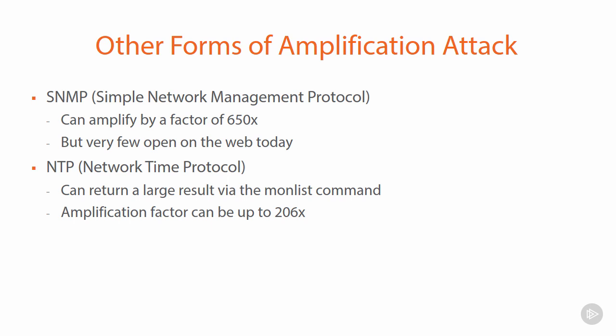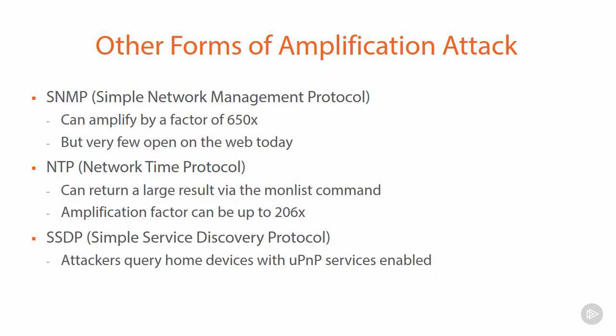Yet another form of amplification attack is using the SSDP protocol, the Simple Service Discovery Protocol. And in this case, SSDP is used for the advertisement and discovery of network services. And what we've seen in the past is attackers querying home devices with UPnP enabled, which can then result in responses which are much larger than the incoming request.